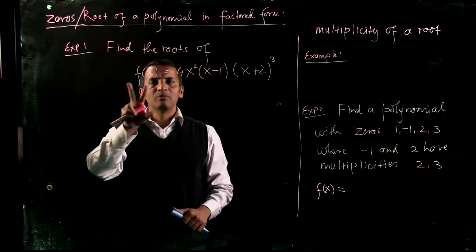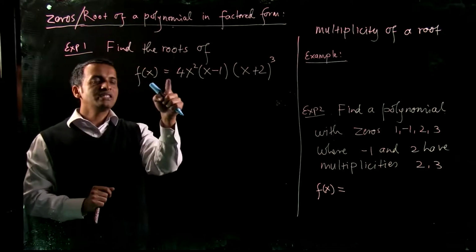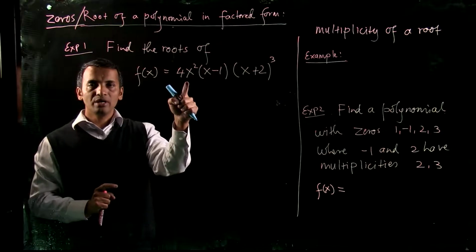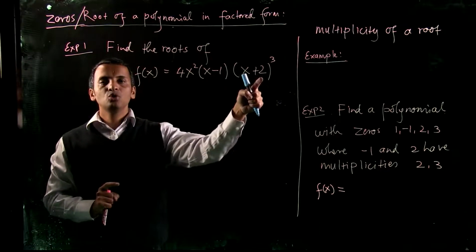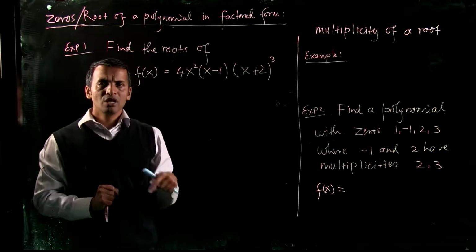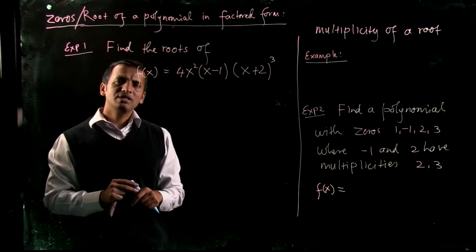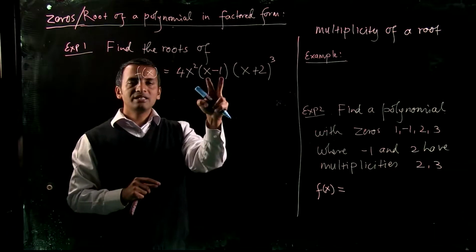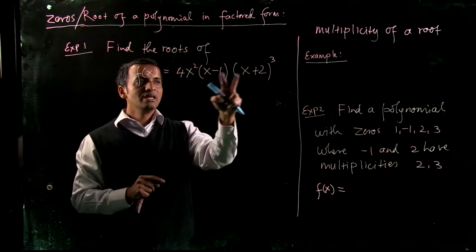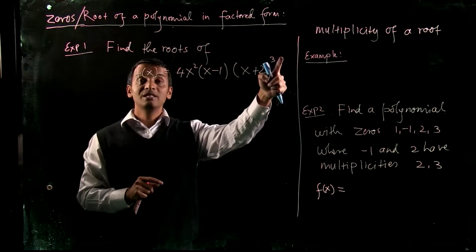Okay, let's take an example. Here f of x equals 4x squared times (x minus 1) times (x plus 2) whole cubed. First of all, can you tell me what is the degree of this polynomial? This has degree 2, this has degree 1, so the total is 3. This has degree 3, so the total is 6.